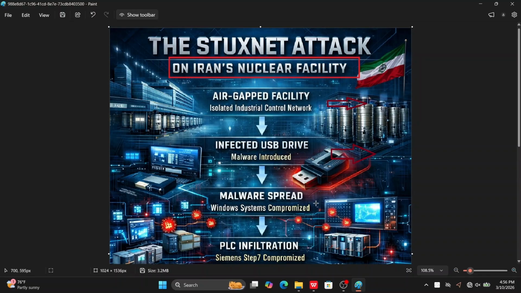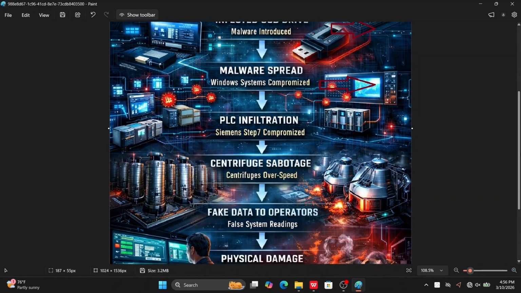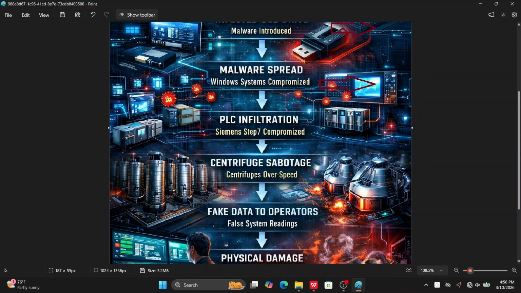But Stuxnet was not ordinary malware. It was specifically designed to search for a very particular target: the industrial control software used to program the PLC controllers of the Iran nuclear facility. The PLC controller is one of the key components of industrial technology.